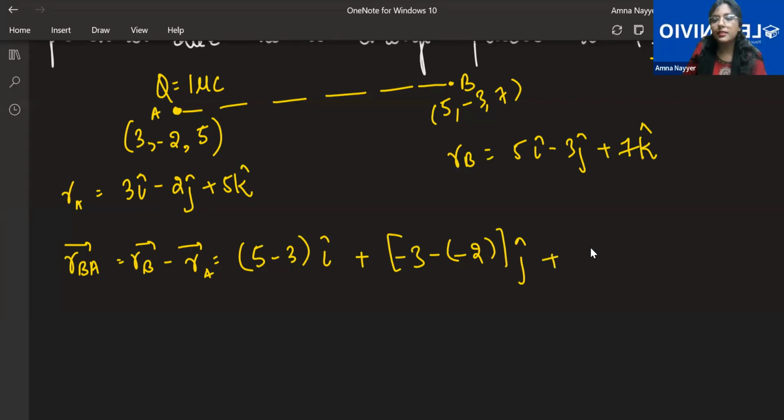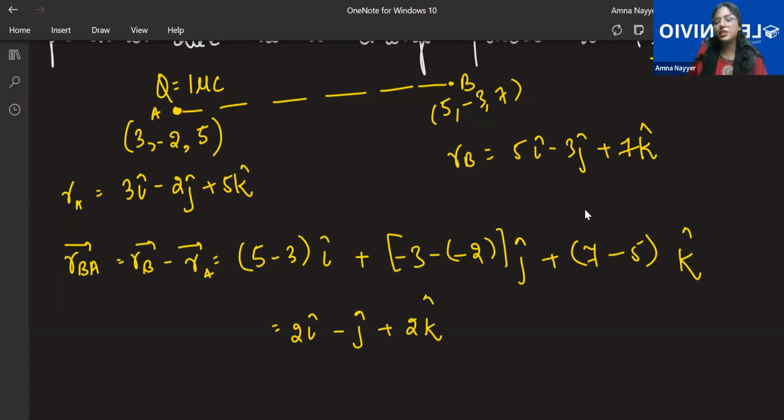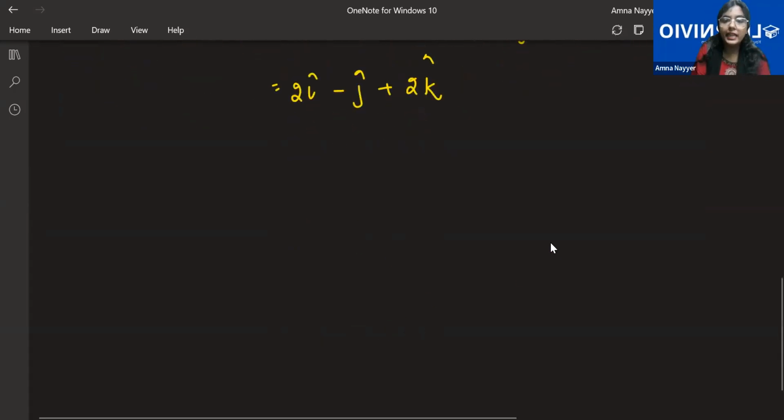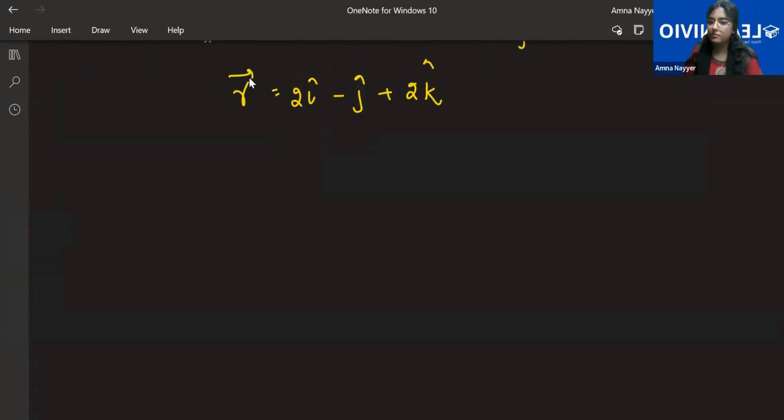Plus here you have 7 minus 5 k cap. So what do we get here? This is 2i cap, -3 plus 2 is minus j cap, plus 2k cap. This is the position that we have. Now for electric field, this is the R vector, the position.